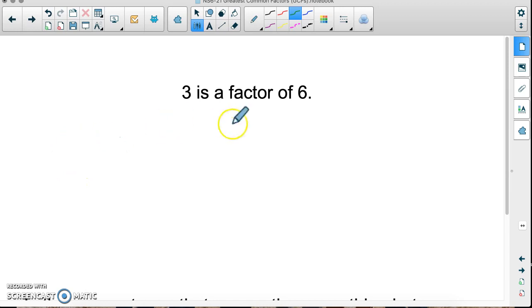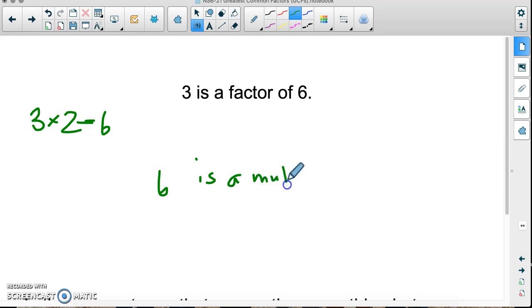So we could say 3 is a factor of 6 because we know that 3 times 2 gives us 6. Therefore, 3 is a factor of 6. But we can also say that 6, sorry about my writing, is a multiple of 3.